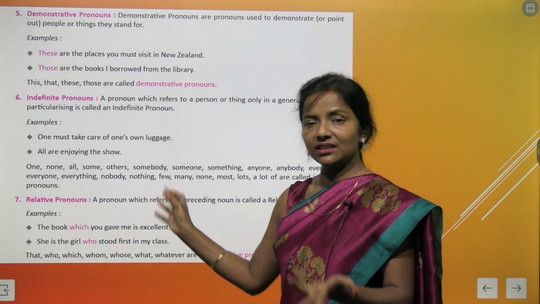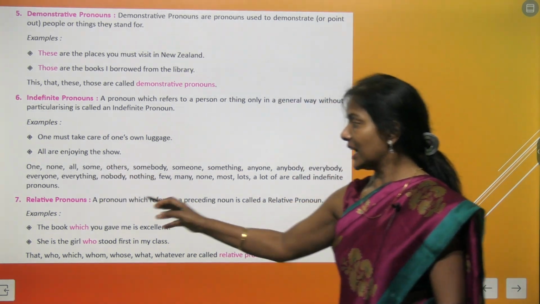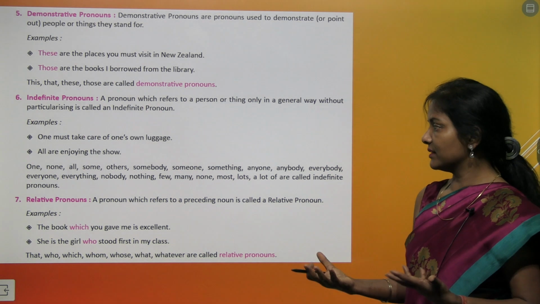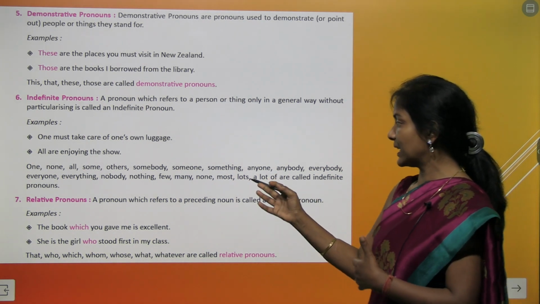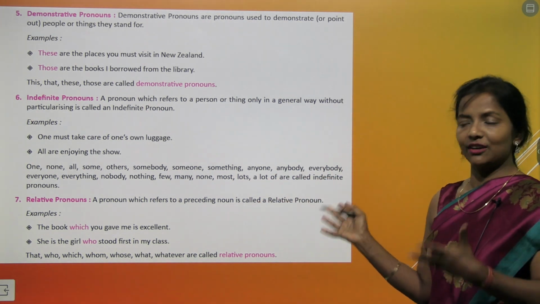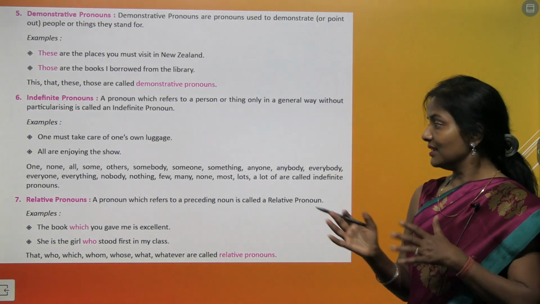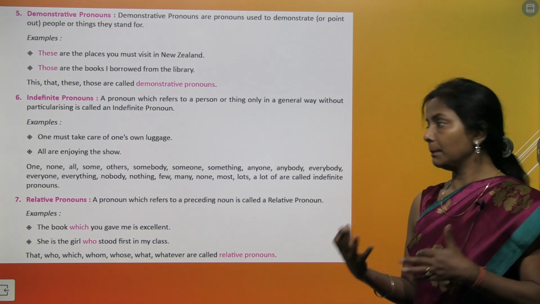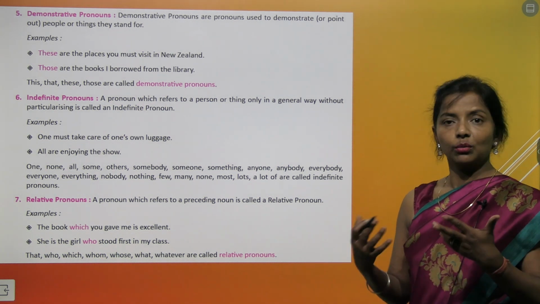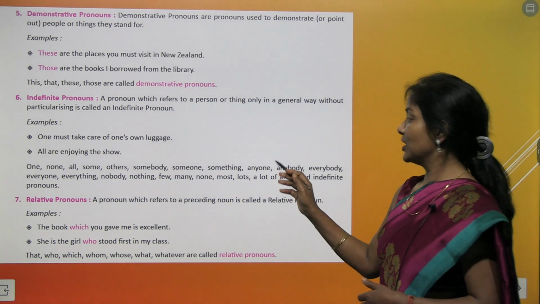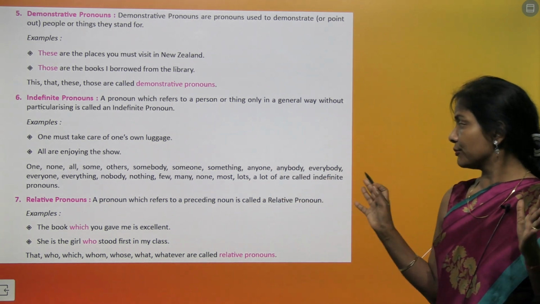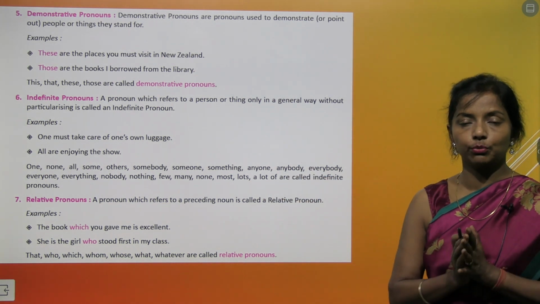All are enjoying the show. One, none, all, some, others, somebody, someone, something, anyone, anybody, everybody, everyone, everything, nobody, nothing, few, many, most, lots, a lot of are called indefinite pronouns.